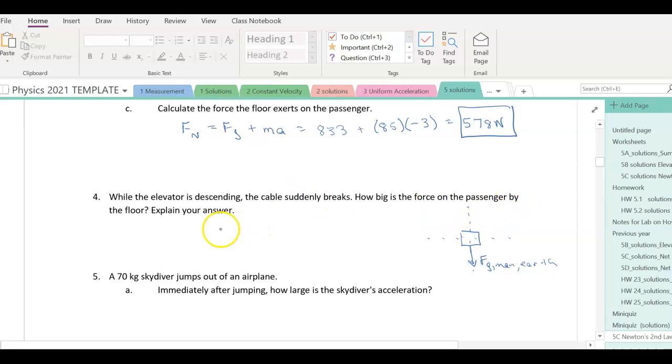So the net force would be the force of gravity, which would be -833 newtons, since it points down, and the acceleration would be negative 9.8 because he would be in free fall.